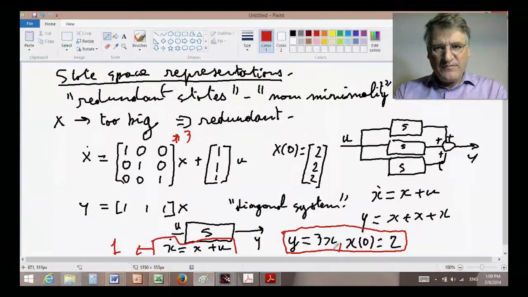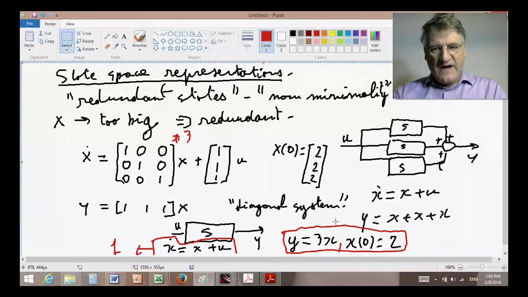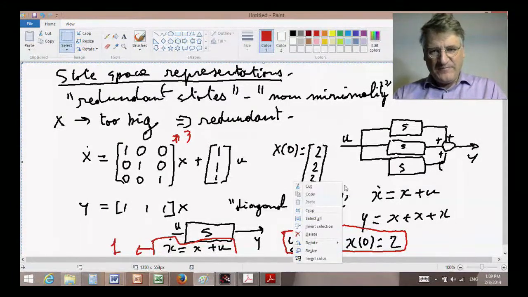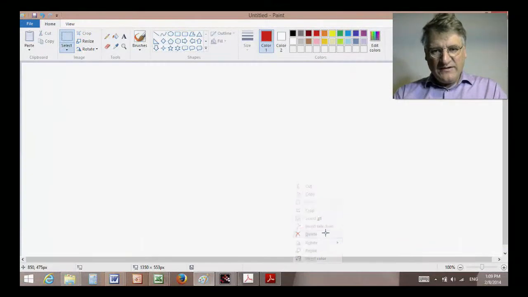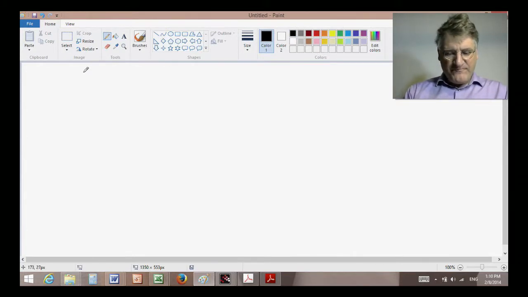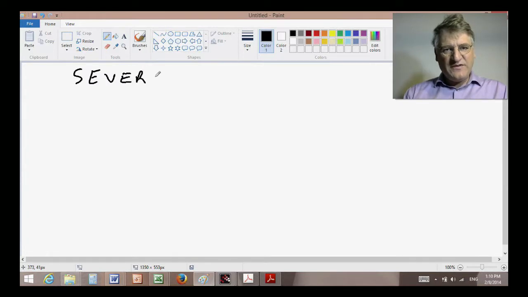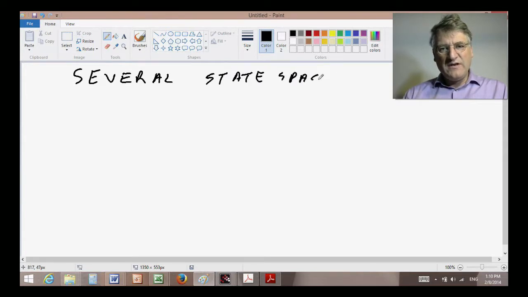Let me now jump to another concern. If I erase all this, what I want to talk about, and that is a related topic, is the very possibility of having several state space representations for the same system.